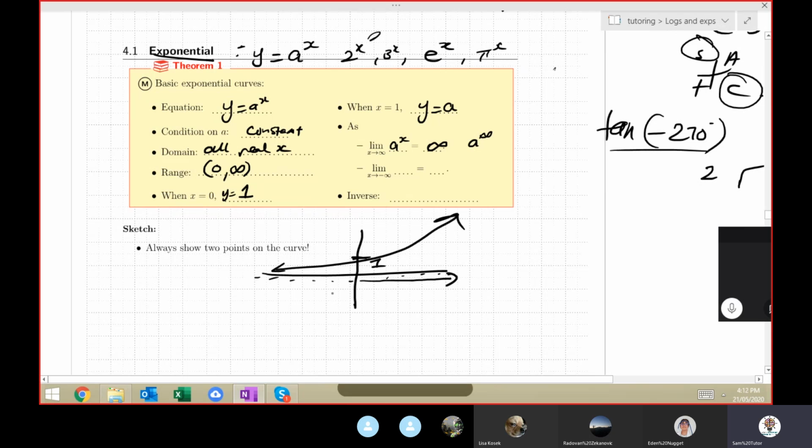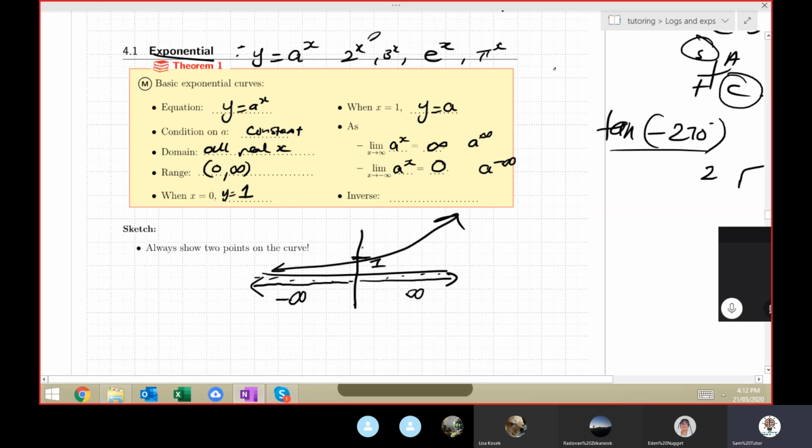What happens as x approaches negative infinity? So this way now. This was x approaching infinity. As x approaches negative infinity, what's happening to your y value this time? It's approaching 0.